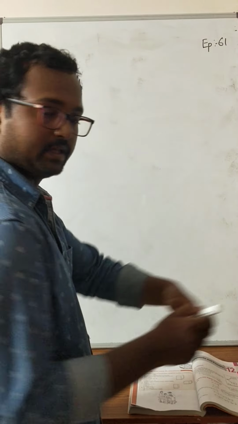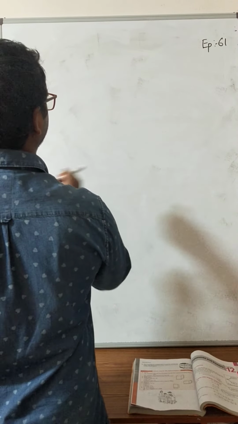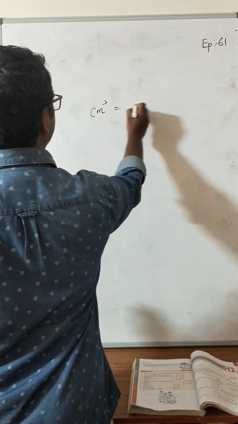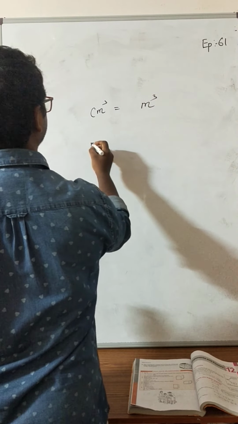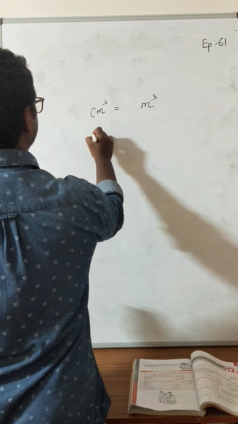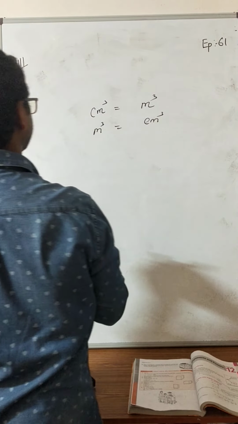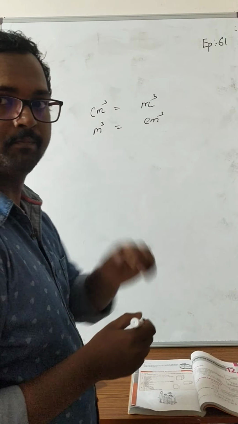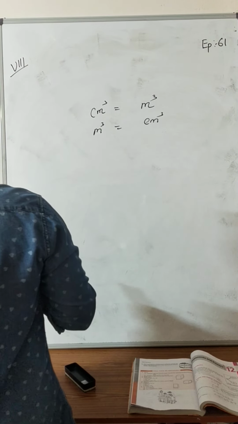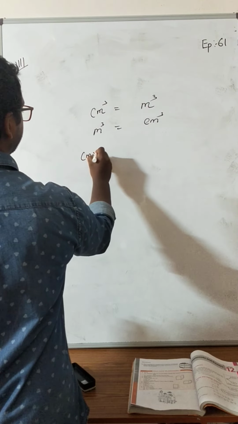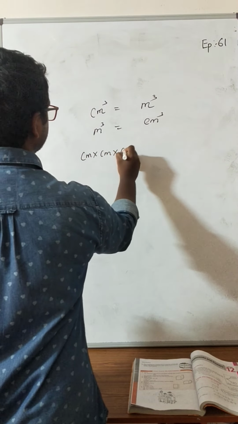Now remember this one thing. Whenever we have to convert centimeter cube to meter cube or meter cube to centimeter cube, what we have to do is, centimeter cube is centimeter into centimeter into centimeter.